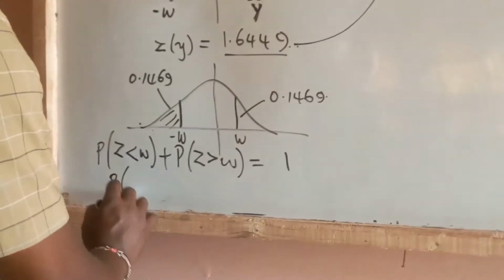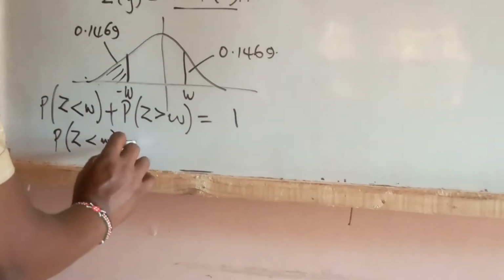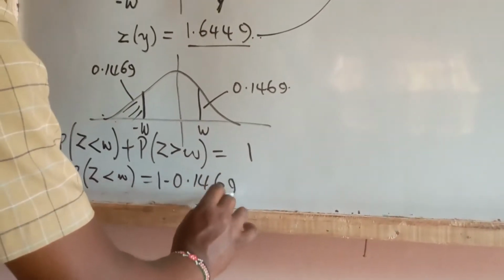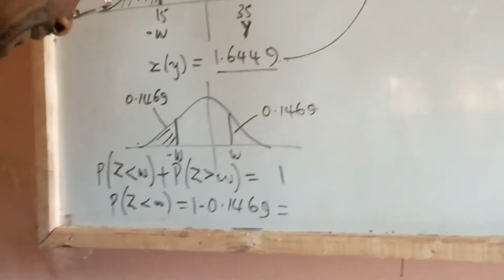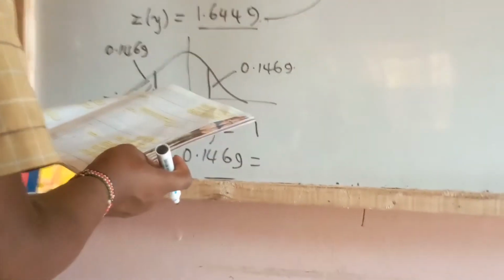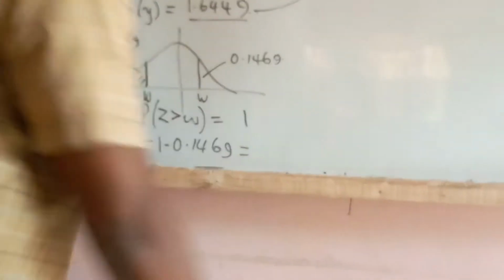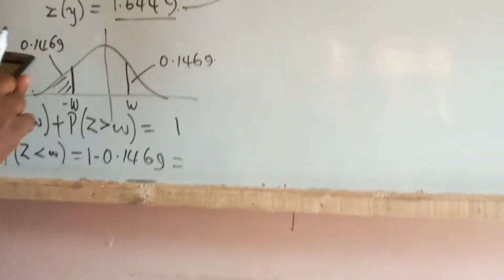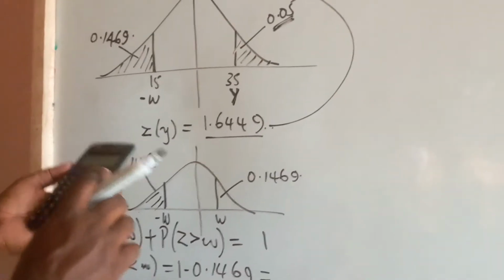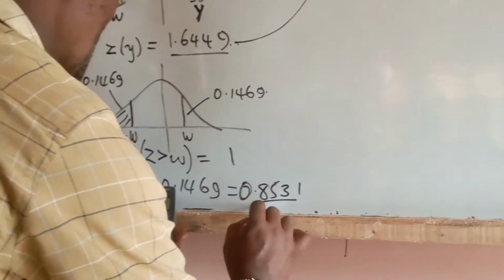So the probability of z less than w is 1 minus 0.1469, which is 0.8531.